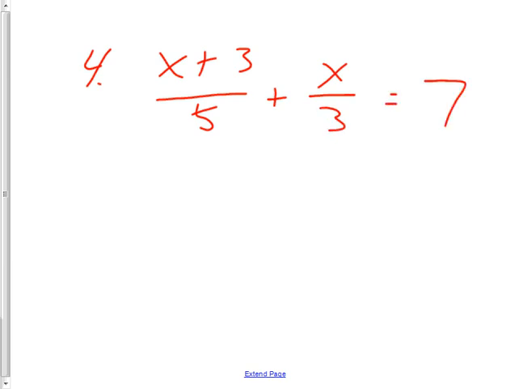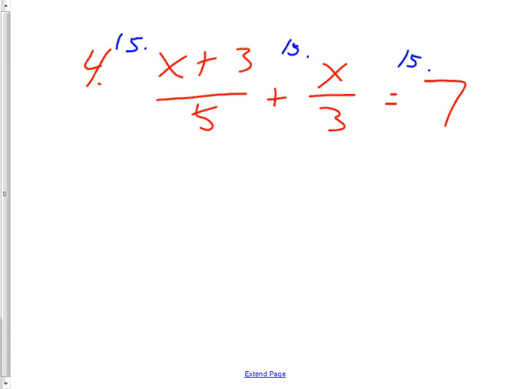And the ones I gave you as an example in class were kind of easy ones where you'd either multiply by 5 or multiply by 3. But you know what? If I multiply by 5, it'll fix part of it, but it won't fix the whole thing. If I multiply by 3, it'll fix part of it, but it won't fix the whole thing. Who's smart enough to know what I should multiply by? 15, very good. I multiply by 15 here, and here, and here.